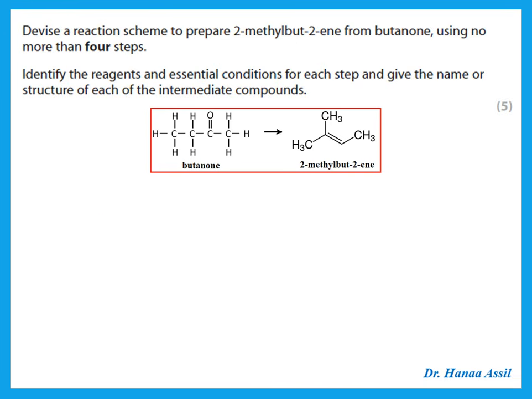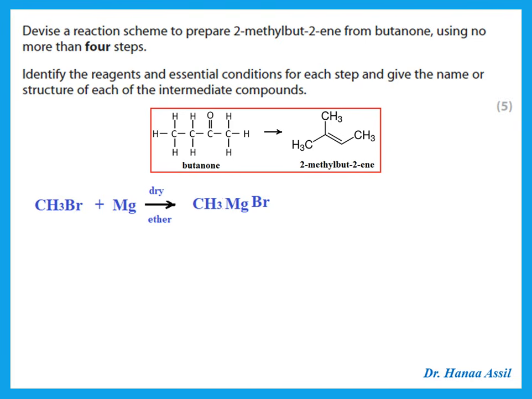What can we do to change it to methylbutene? Okay, let's start, remember that we're going to add a methyl group to the butanone. The butanone is something that has 4 carbons. We want something that has 5 carbons, so that means I'm going to use a Grignard. Now, what am I adding? I'm adding that extra methyl group there. So I make a Grignard using methyl bromide, magnesium in dry ether.